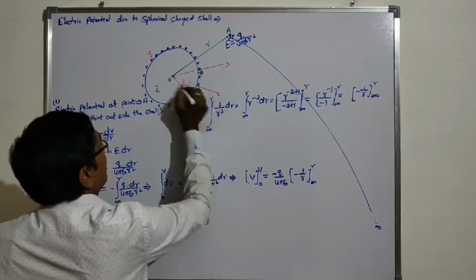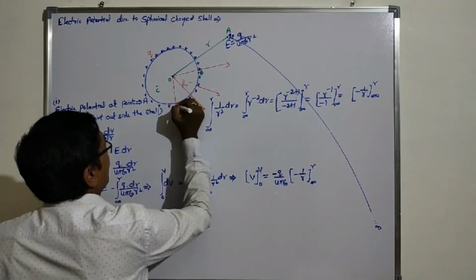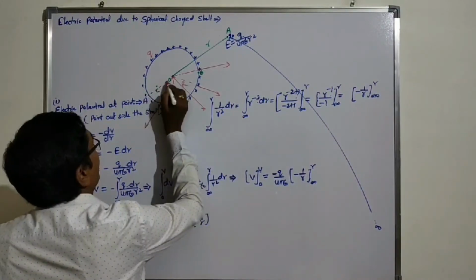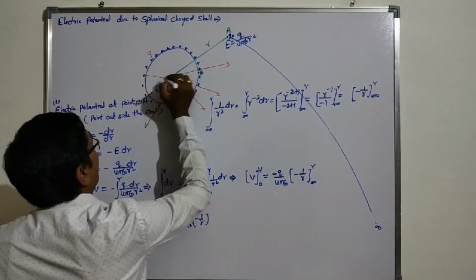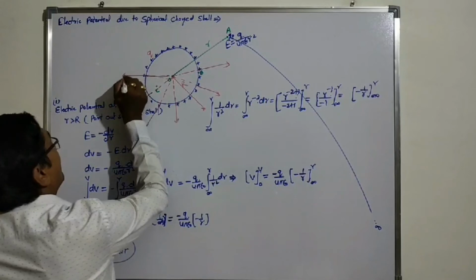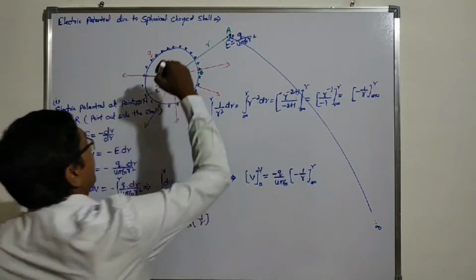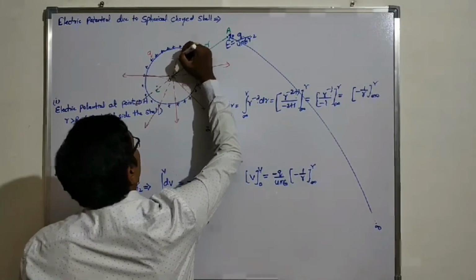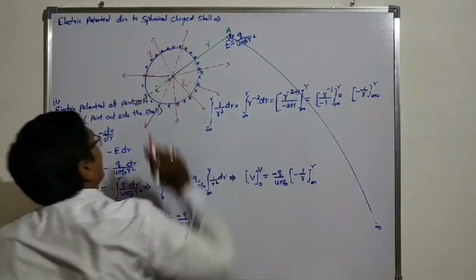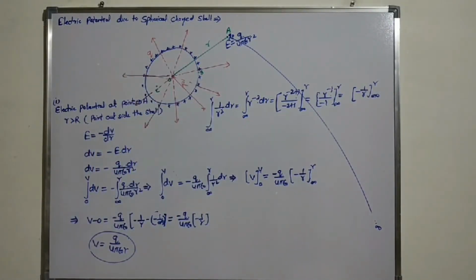They feel like the charge is situated inside the sphere. When the observer is situated outside, he feels like the total charge is situated at the center of the spherical shell. That's why we can consider any spherical object as a point charge. This is case number 1.